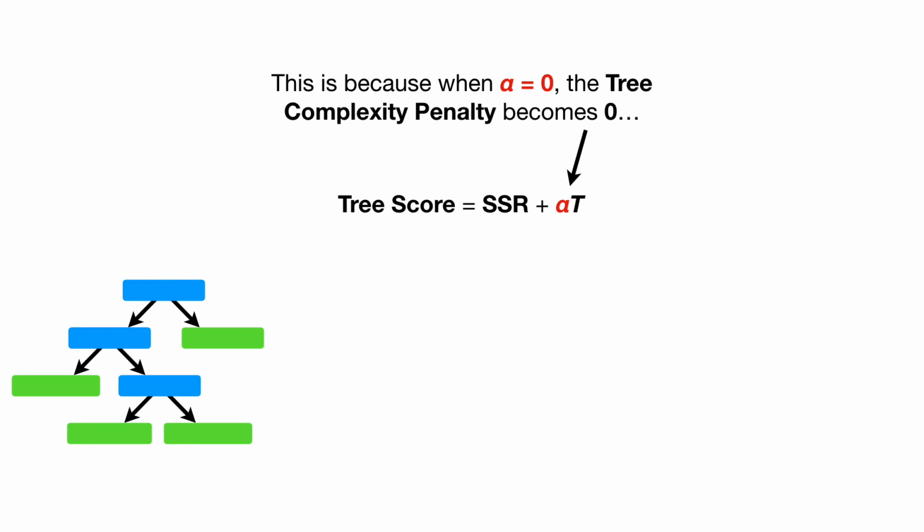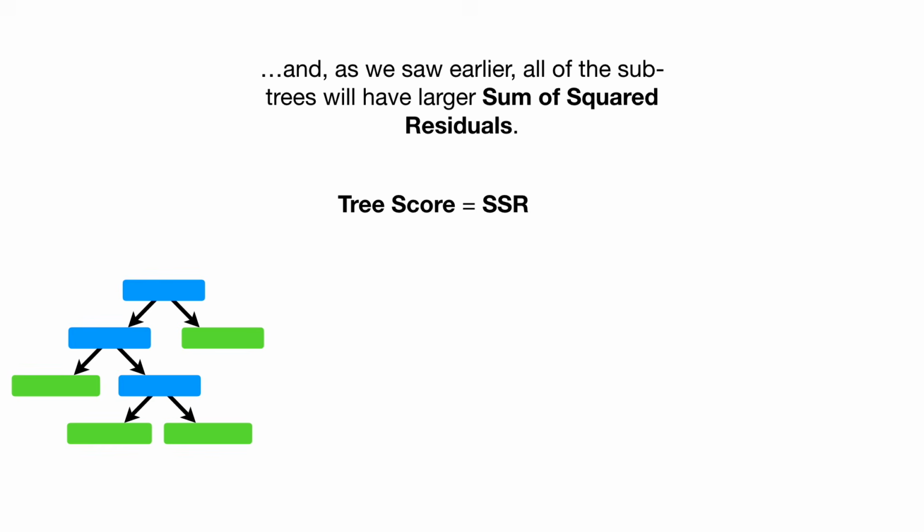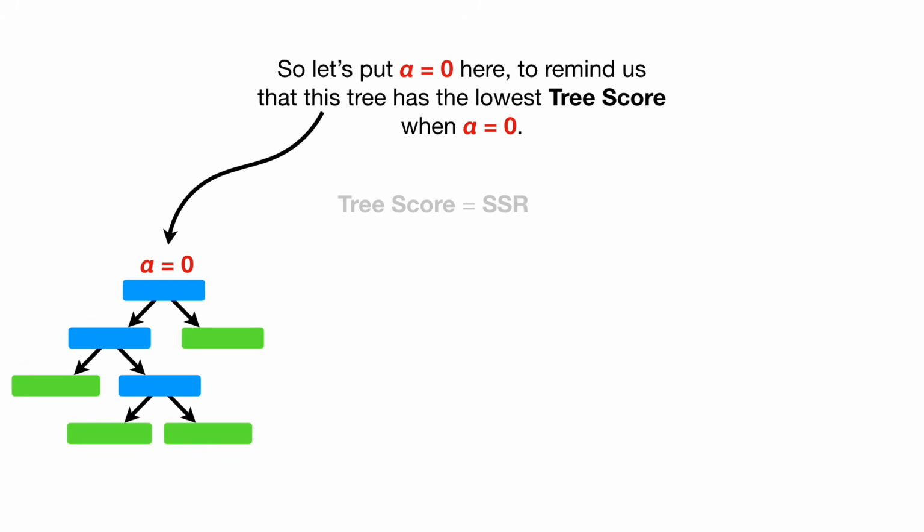This is because when alpha equals 0, the tree complexity penalty becomes 0. And the tree score is just the sum of the squared residuals, and, as we saw earlier, all of the subtrees will have larger sum of squared residuals.